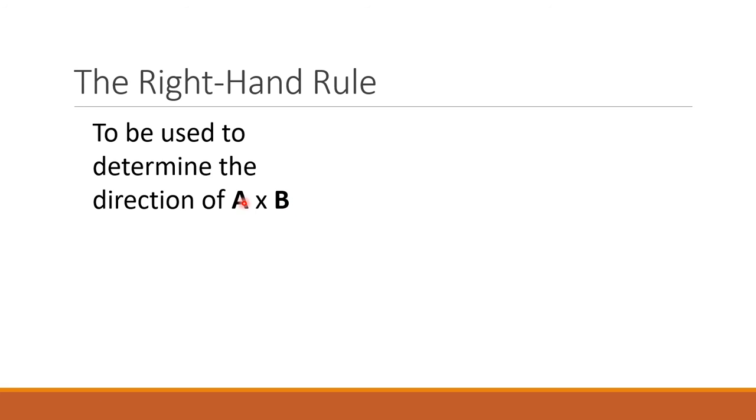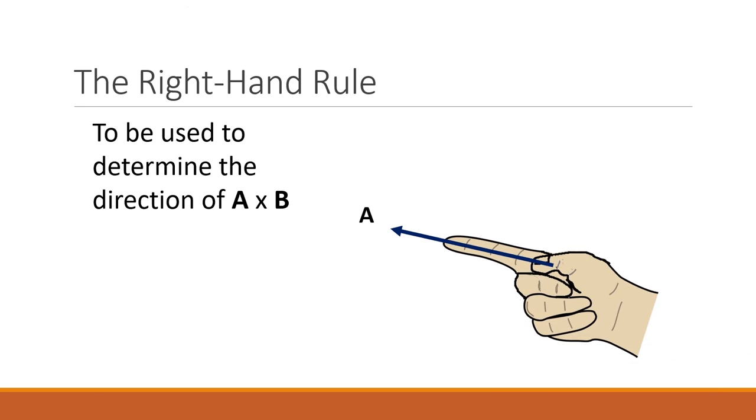First, you get the direction of A. There's A. You put your hand there. Your index finger, point it to where A is. And then for B, you open up your middle finger to where B is.